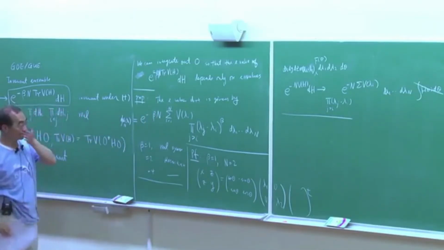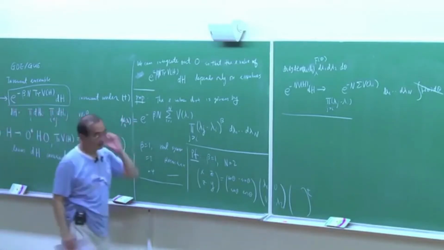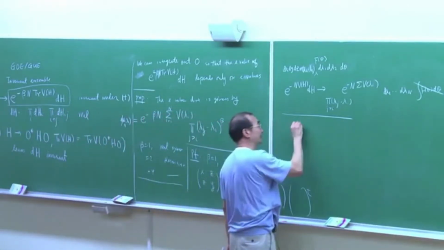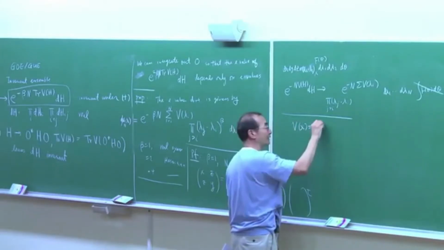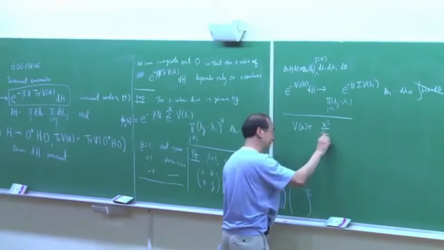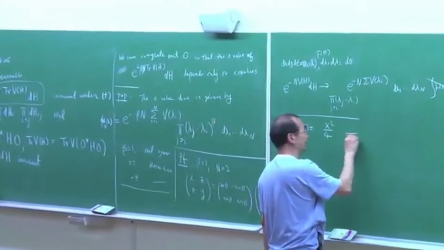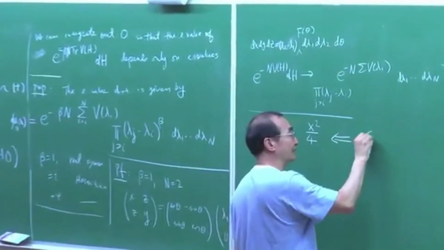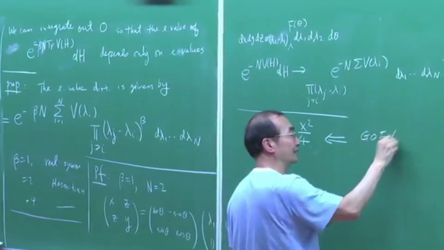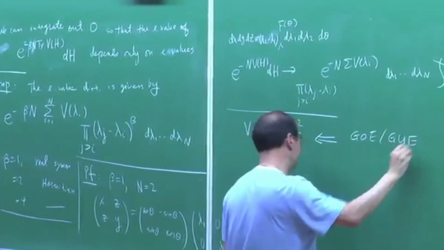Then this V of x, you take it equal to x squared over 4. And this is the Gaussian, corresponding to the GOE case.